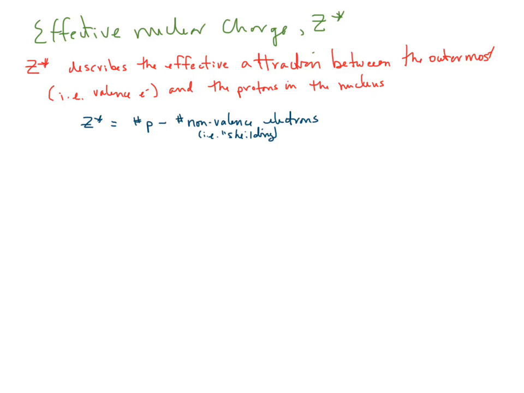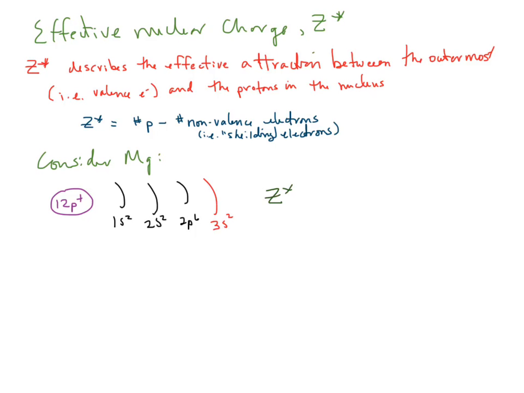I picked two atoms in the same period to show you why, as you go from left to right, the atoms get smaller: the effective nuclear charge increases within the same period. The period I picked was the third period. So I picked magnesium. Magnesium's atomic number is 12.